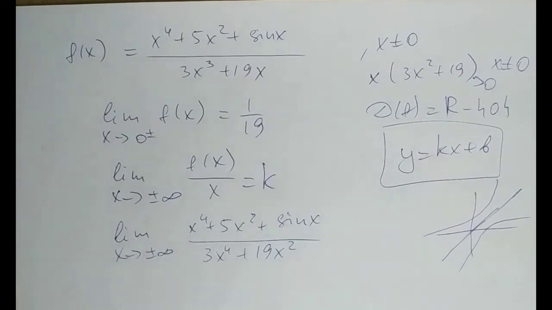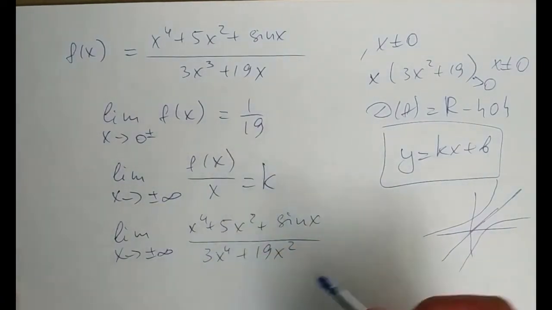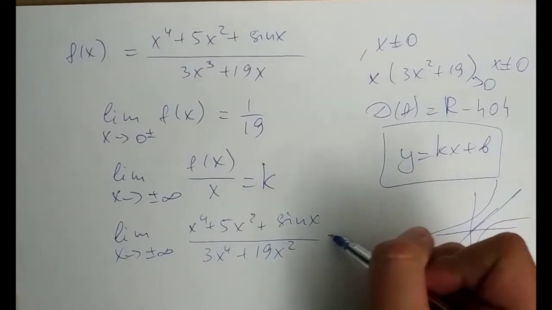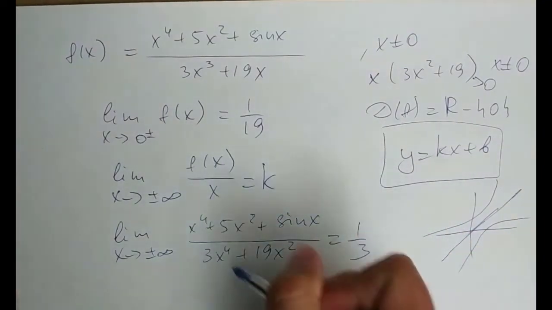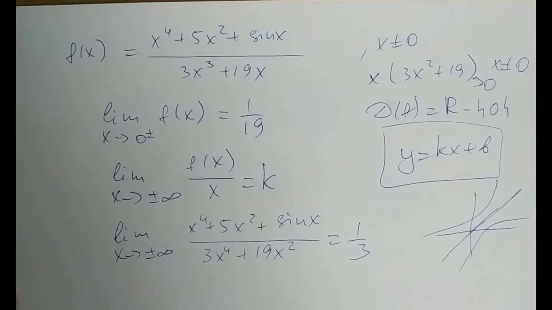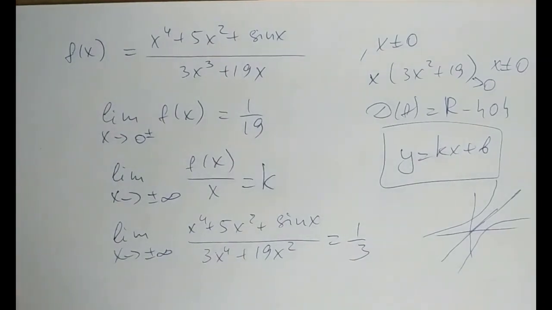If you compute this limit, it is 1 over 3, because the polynomials have the same degrees. So this is 1 over 3, it is our k.